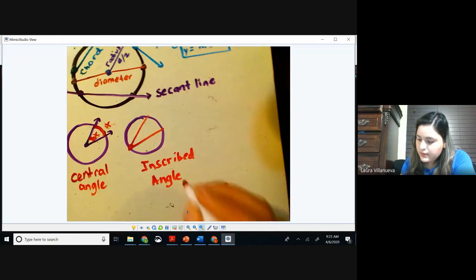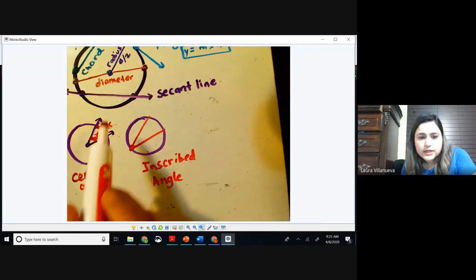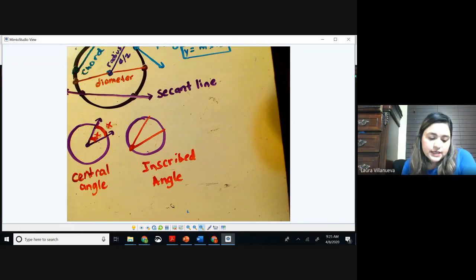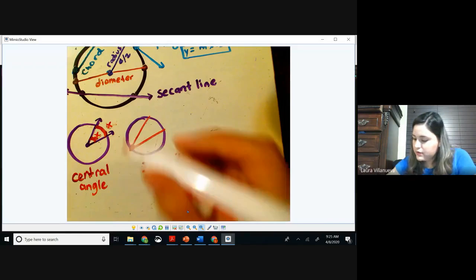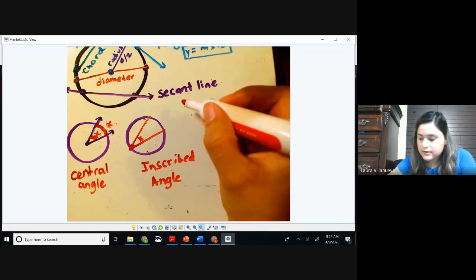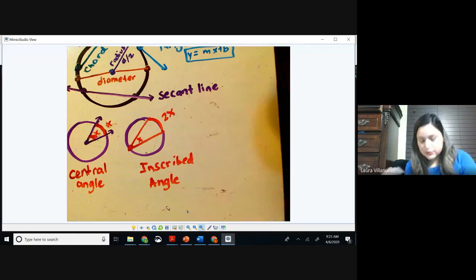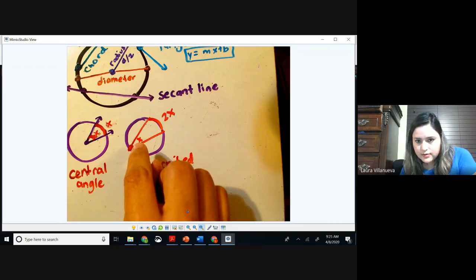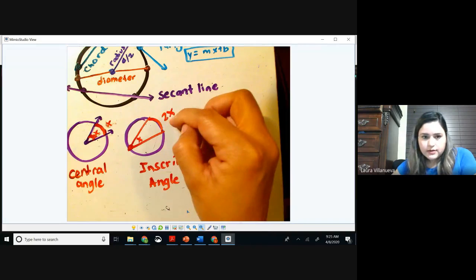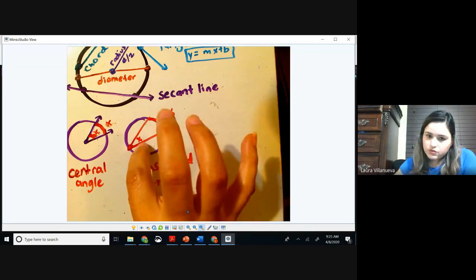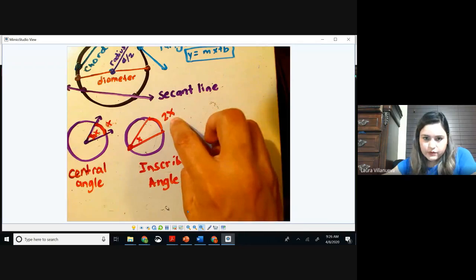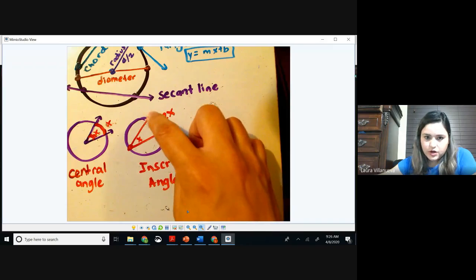If it's an inscribed angle, let's say that this is X, then the arc right here is going to be 2 times X. So for example, if X is 10, then this one is going to be 20. If this one is 20, then the arc itself is going to be 40.